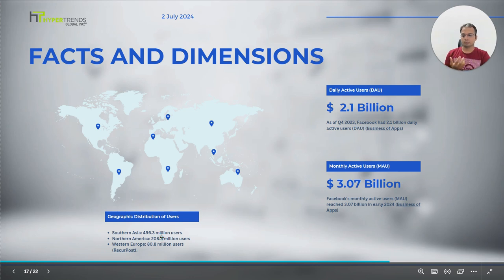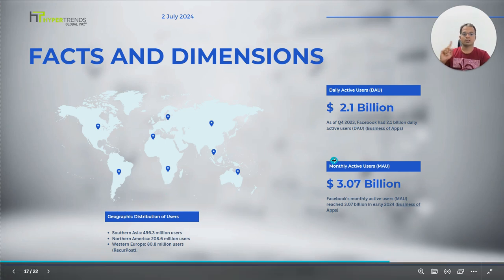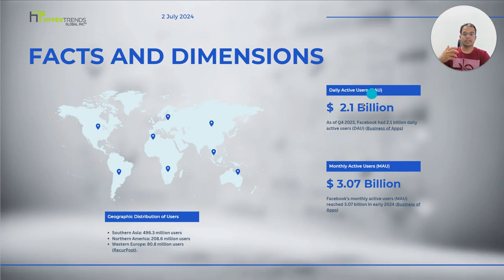If we talk about Northern America, then there are about 200 million users. If we talk about Western Europe, then there are 80 million users, right? So all the users are distributed geographically. So that is again another challenge. And as I already shared one of the points, daily active users: in quarter four of 2023, it was noted that there are 2.1 million daily active users.